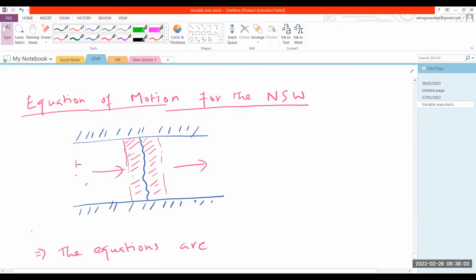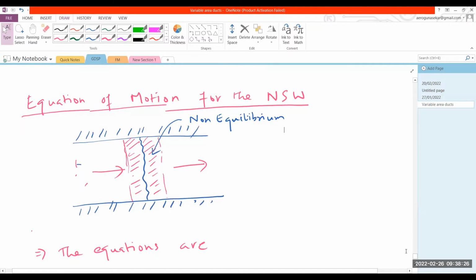By considering this, because we said there are non-equilibrium regions, we take the flow properties away from the non-equilibrium regions.